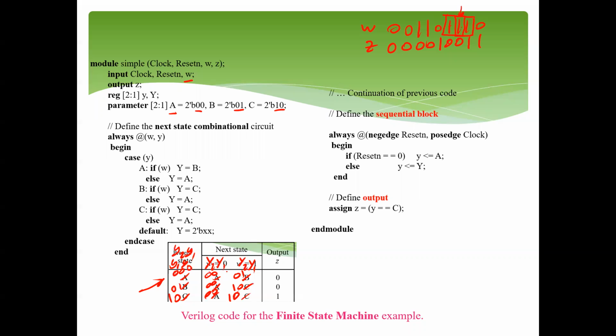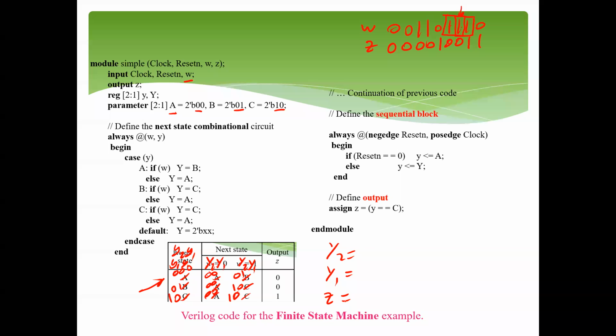And from that table, you go on and either do K-maps, or minimize it right away. So you need an equation for Y2, you need an equation for Y1, and you need an equation for the output Z. Okay, so you make 3 K-maps.